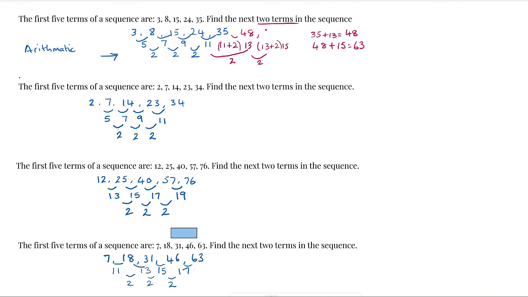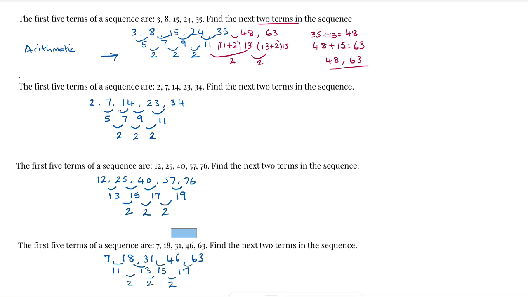So we've answered that question. The answer is the next two terms in the sequence are 48 and 63. So there's two extra steps: add and add, add and add.